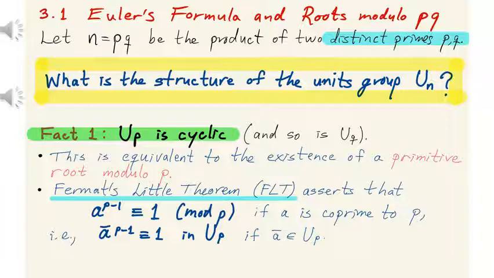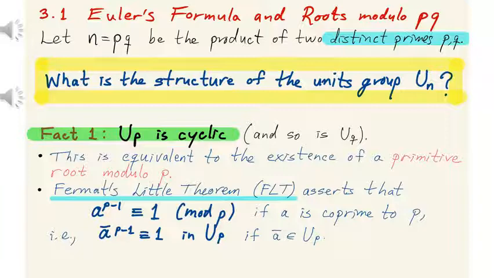In order to begin understanding the structure of the units modulo n equals p times q, we start by recalling a fact, which is that when you take the units modulo p, a single prime p, that group is cyclic. When you restate this in terms of congruences, this is exactly the same as saying that there is a primitive root modulo p.